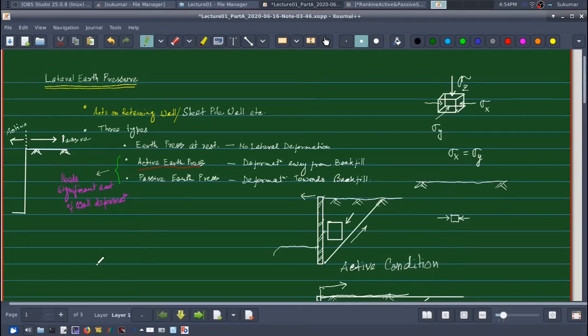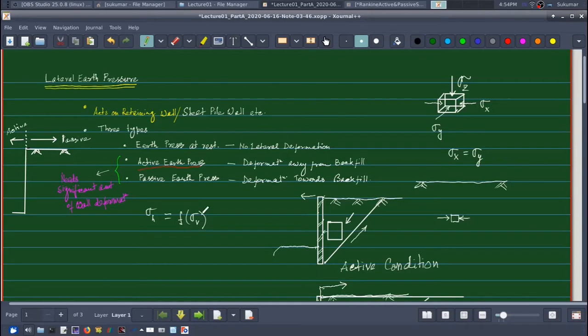Now while finding lateral earth pressure, we try to relate the lateral earth pressure to the vertical stress that is acting within the soil mass. That means let me call the lateral pressure as sigma h, because it is acting in the horizontal direction predominantly. Now I want to express this sigma h as some function of sigma v.